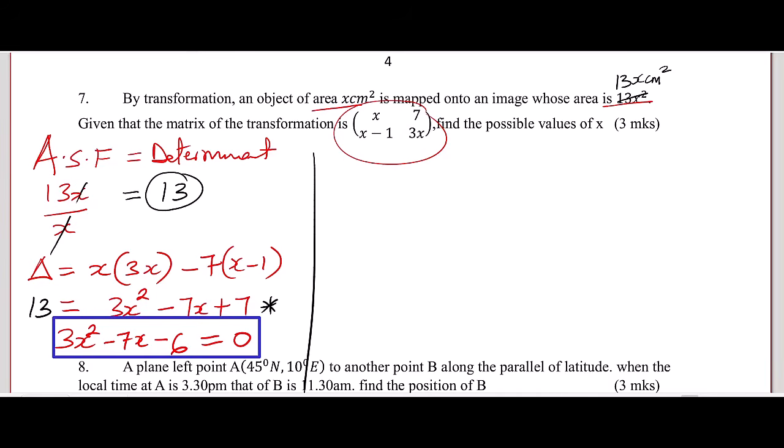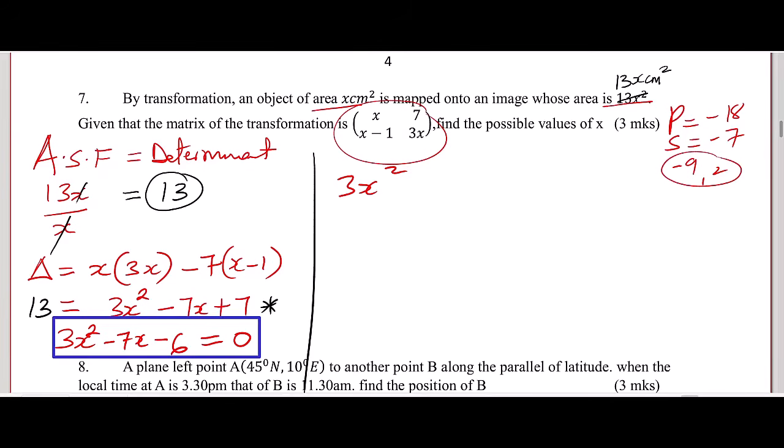So 3x squared minus 7x minus 6, using factorization, I will have 3x squared. Remember, I'm finding two numbers whose product is going to give negative 18, and sum will give negative 7. So which are those two numbers? The two numbers are negative 9 and 2.